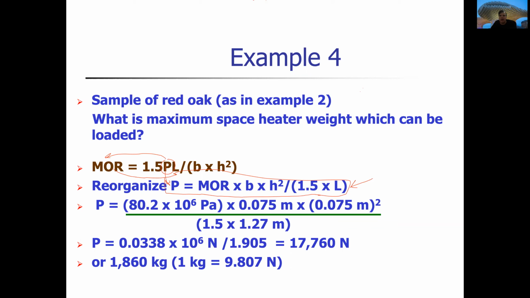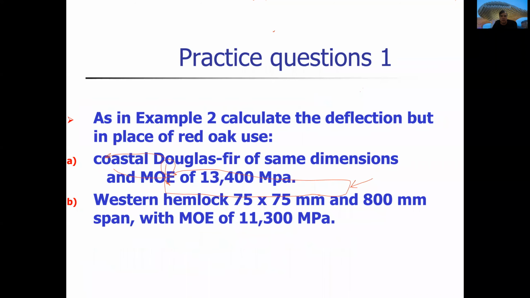Well, in the test, you will have several problems like the ones that we are looking at, and you finally have practice questions that will help you to understand a little bit more what we want in the test.